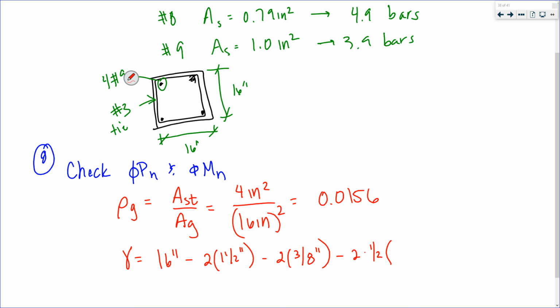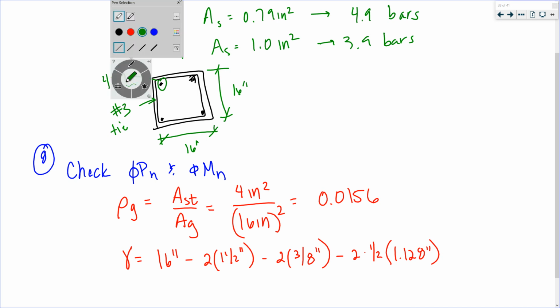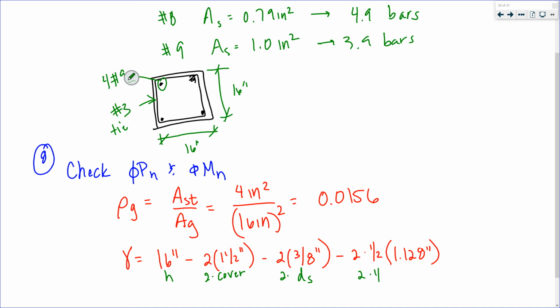Before I assumed number 4s and number 8s, so it's slightly different, so 1.128. This is H, 2 times cover, 2 times the diameter of the stirrup, 2 times half dB, right? The stirrup is number 3, dB is number 9.